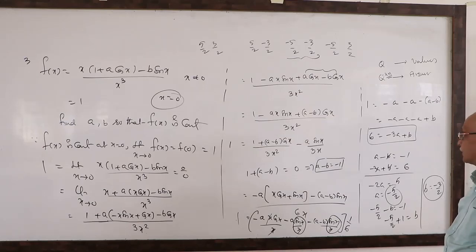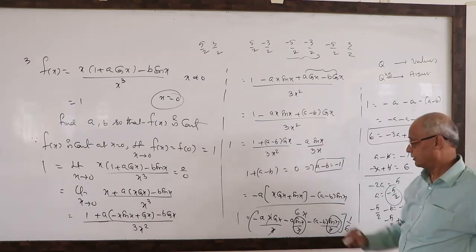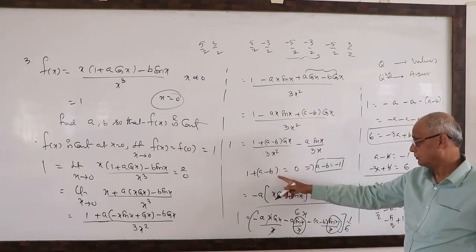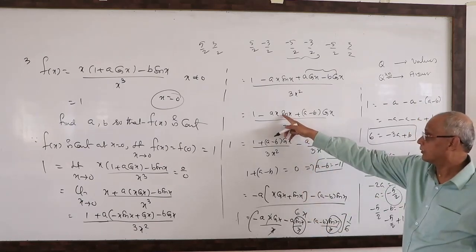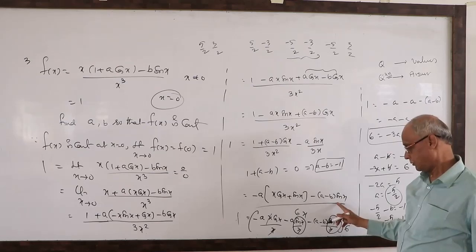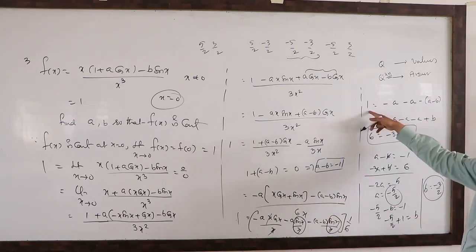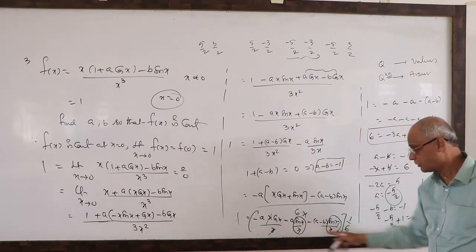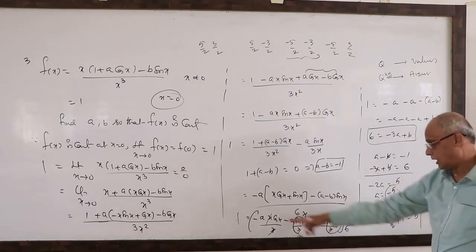Okay. Then we are getting. Since it is again in a 0 by 0 form, again continue differentiation. UV rule. Okay. Here. UV rule. This I wrote. Now it must be equal to 1 because finite number. As x extends to 0, all are finite numbers only. 6 is there already. Cross multiplied.